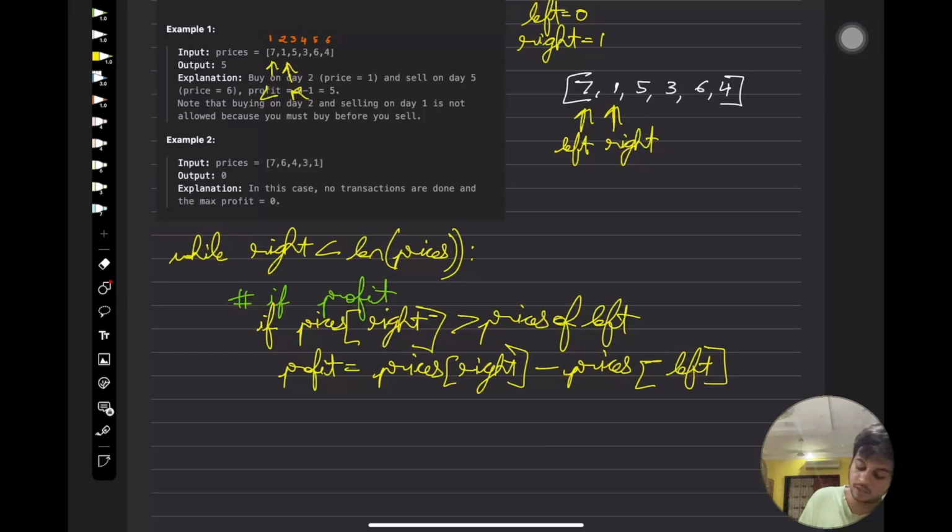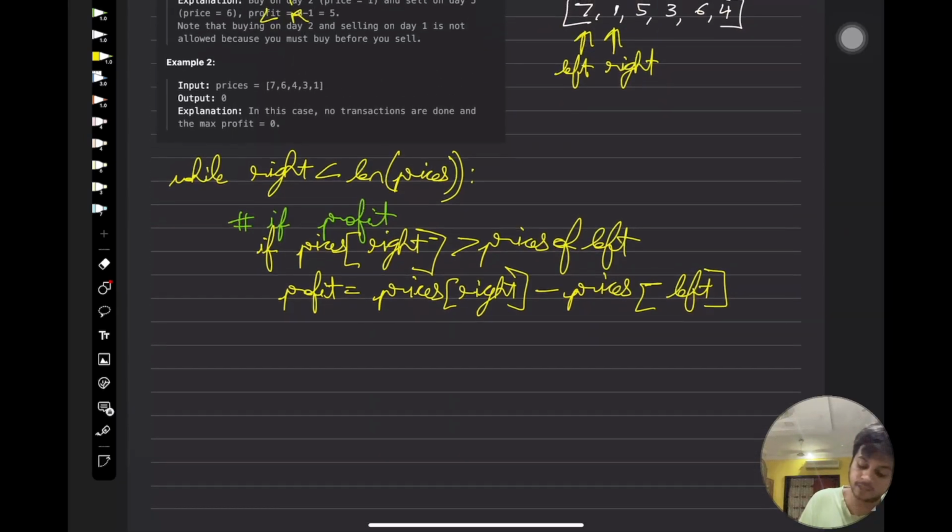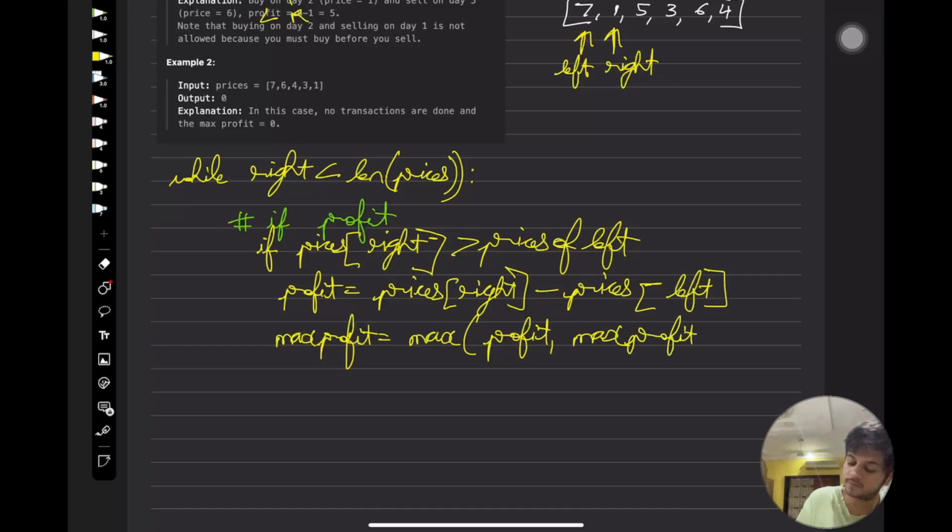And I'll also calculate how much the max profit is. Max profit is equal to max of profit and max profit.